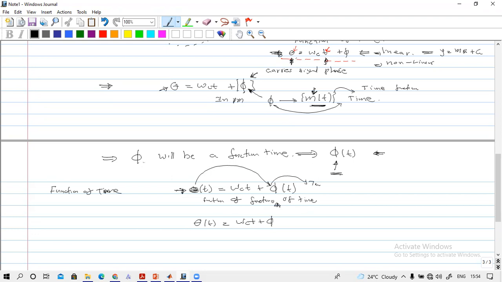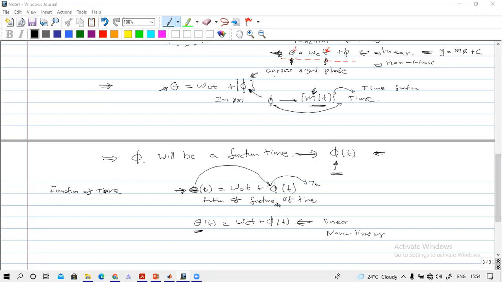Okay, got it? So can you tell me, is this theta angle a non-linear function or a linear function of time? Yes, very good.